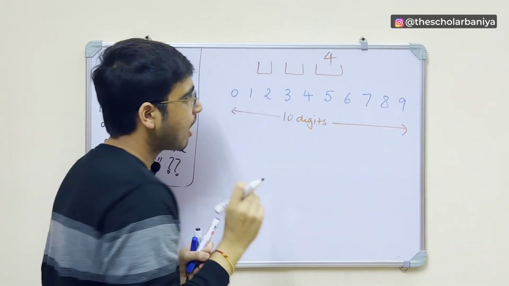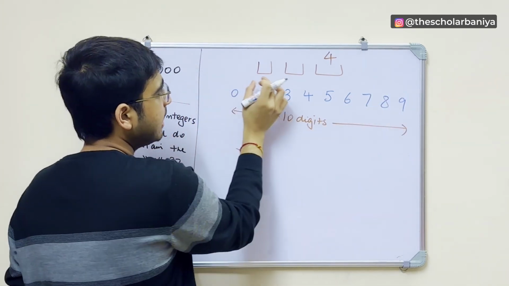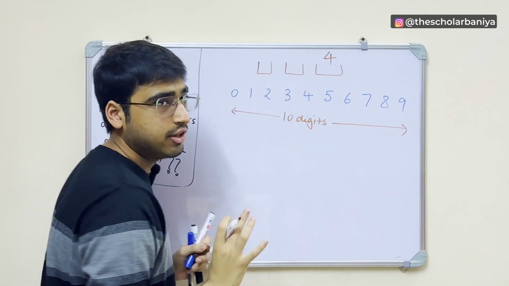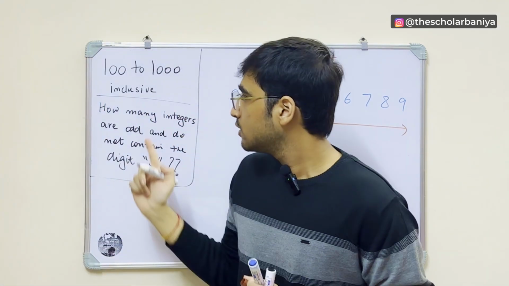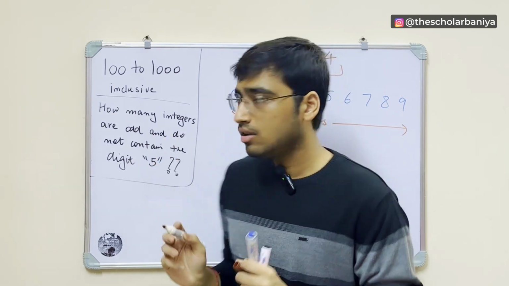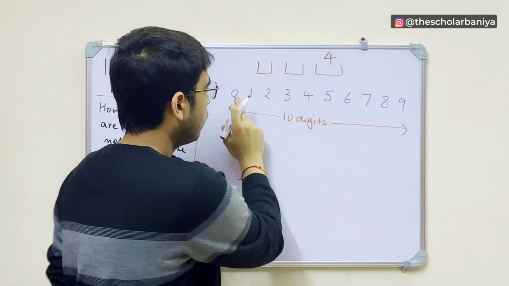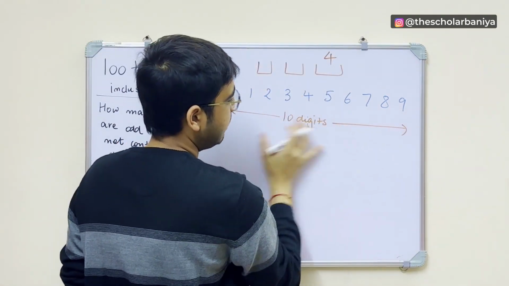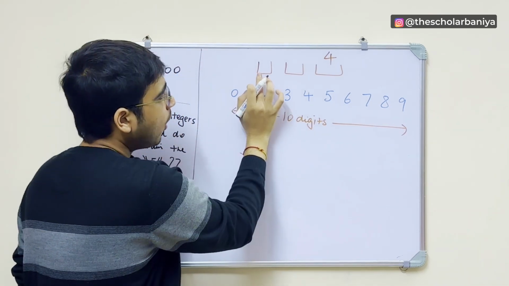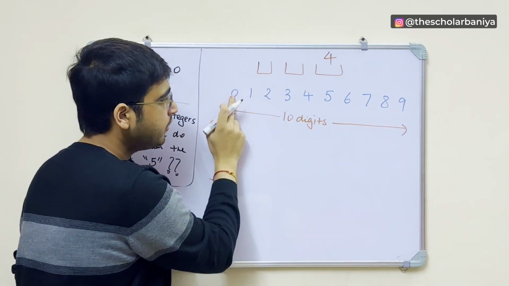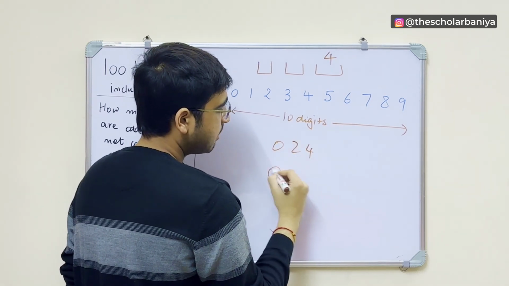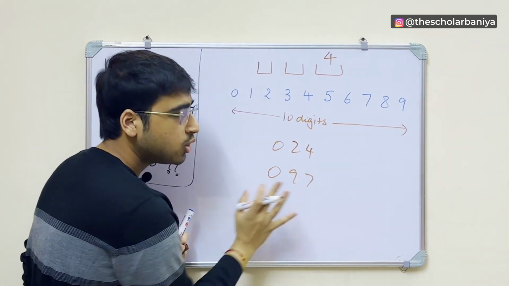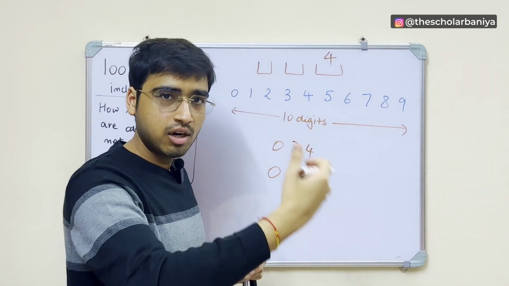Okay. Now let's talk about the first digit. How many possible options can be here? We know there are 10 digits. Obviously, in the first place, we cannot put 0. If we put 0, then it will be a 2-digit number, but we have to start from 100.